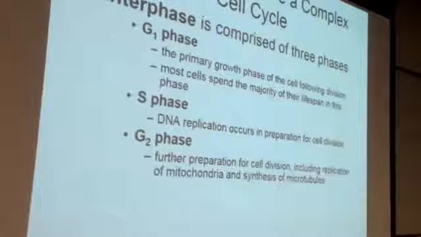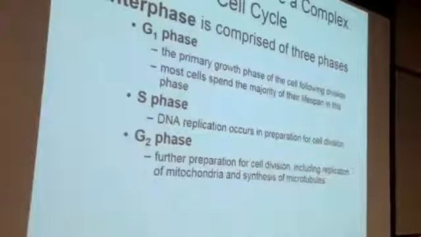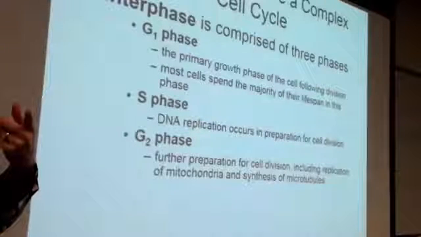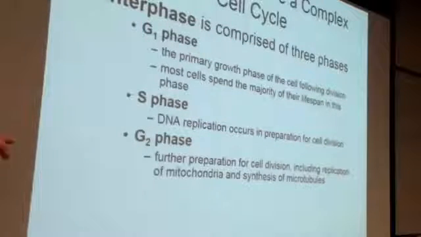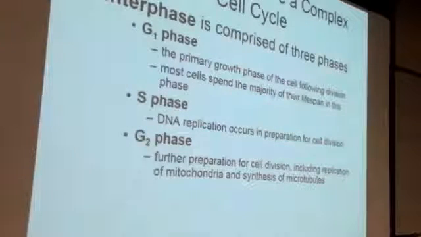G2, this is growth 2. The growth that happens here is specific for mitosis. So at this point, the cell's really close to dividing the nucleus and possibly then also cytokinesis. They have to make sure that there's enough organelles for 2 cells. All the microtubules have to be grown to help split those chromosomes.